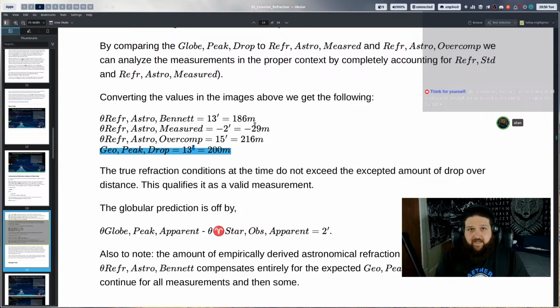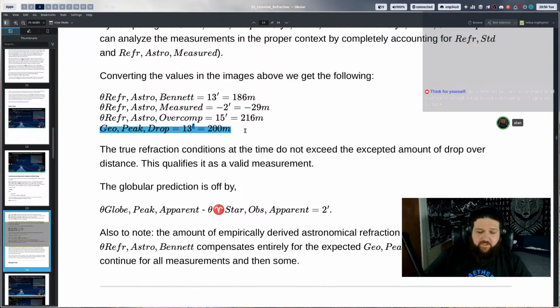It wasn't like a natural measurement of the globe. It's only facilitated by specific conditions, which we'll go over as we get to those measurements. But keep this in the back of your mind, that if the refracted astronomical amount is larger or the same amount as the drop over distance, invalid.